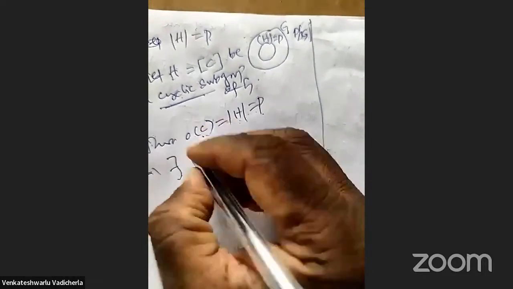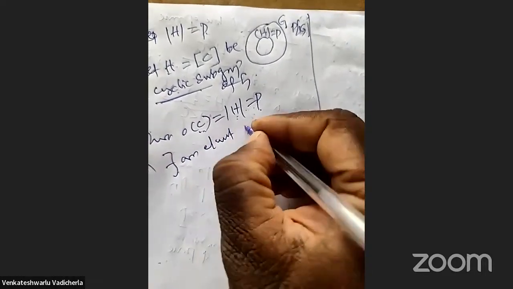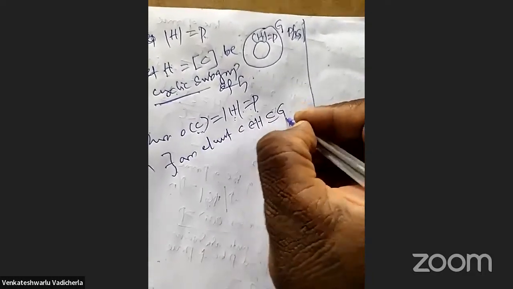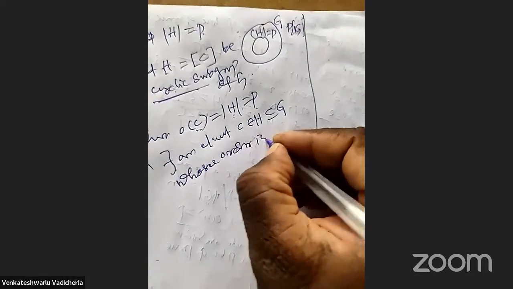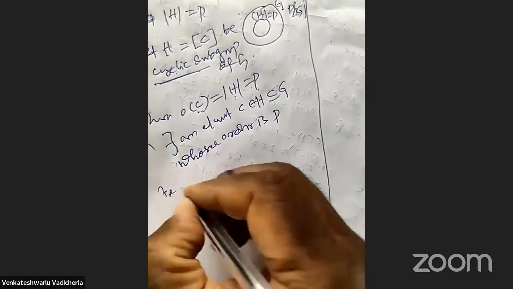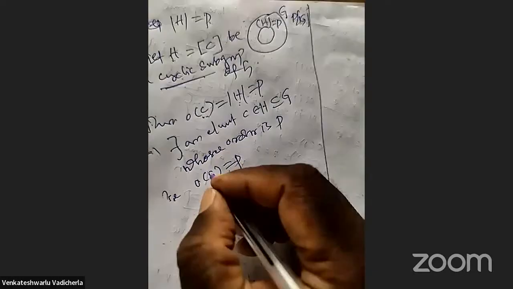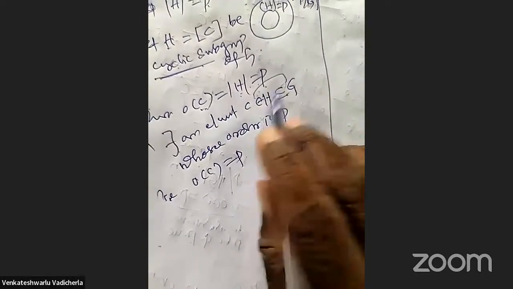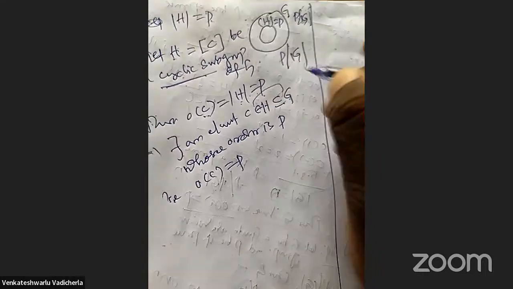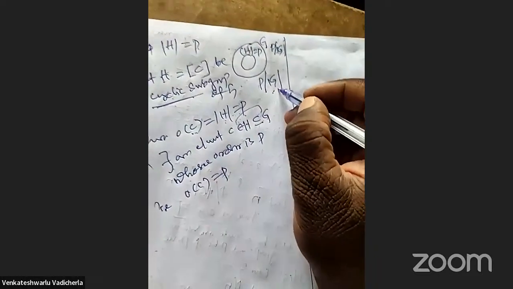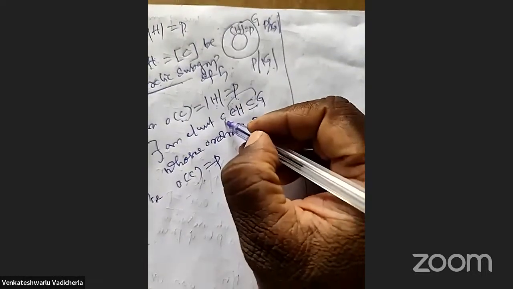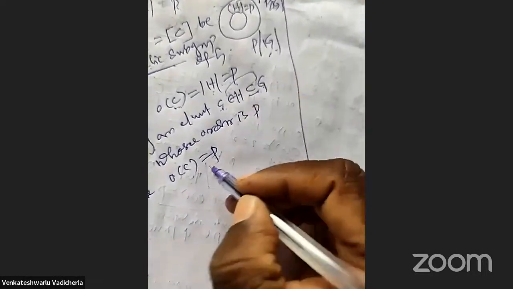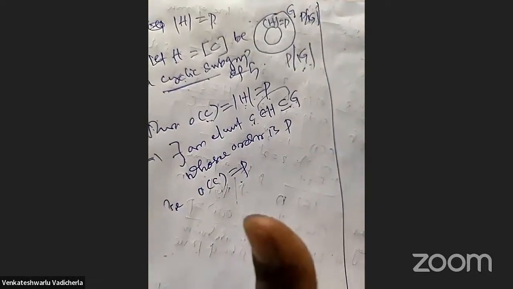This implies there exists an element C belonging to H, a subset of G, whose order is P. Clearly the order of C is equal to P, and C is an element of G. We took P dividing the group order of G, P a prime number. We have to prove G has one element of order P. C is that element of G, and its order is P. That is the Cauchy's theorem statement.